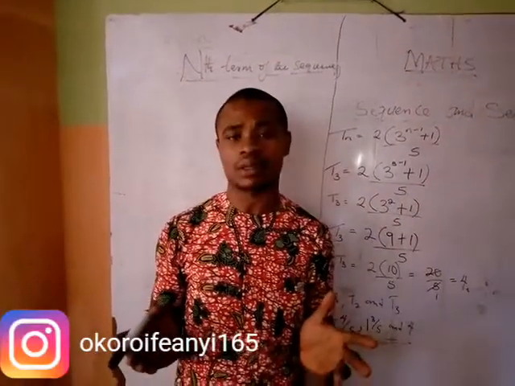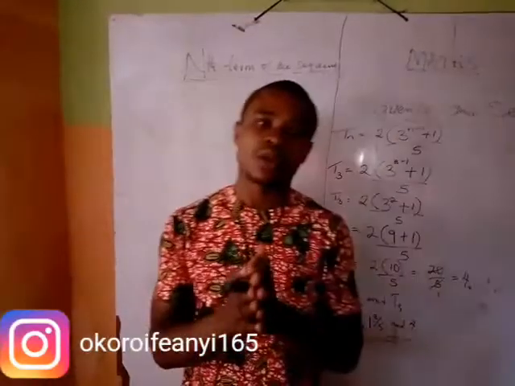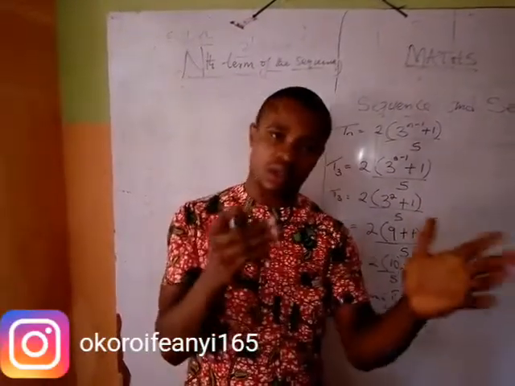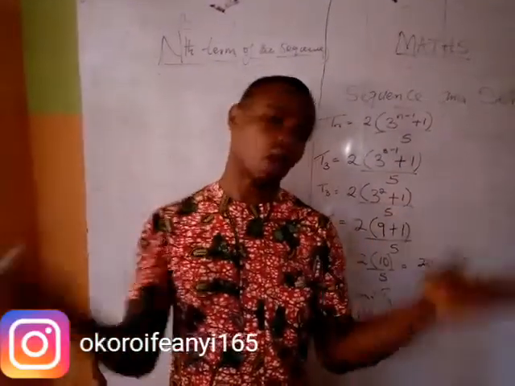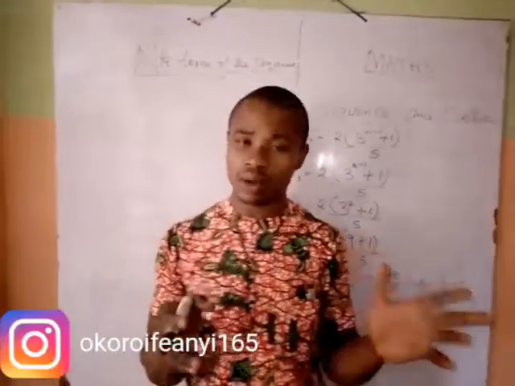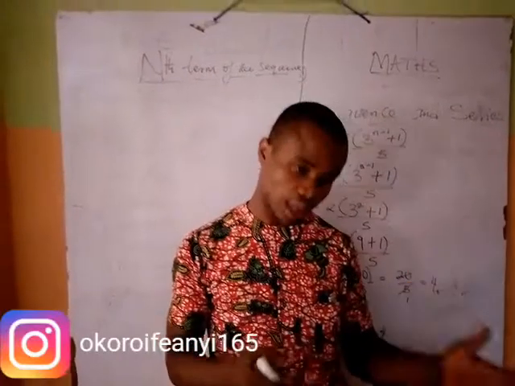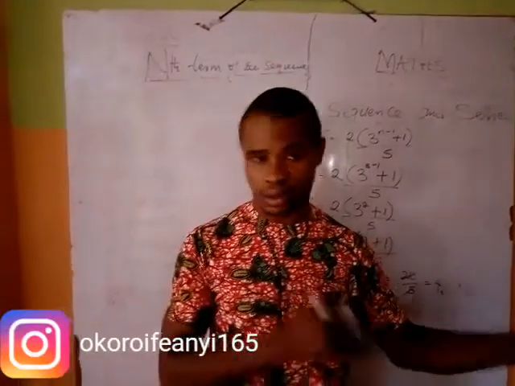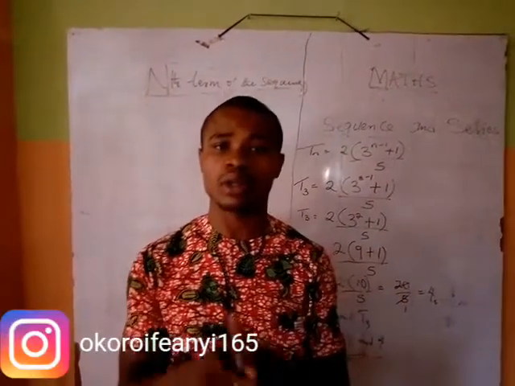What do I mean by separate differences? If the difference between the first and the second term is not the same with the difference between the fourth and the fifth term, we say that the differences are not common. But if the difference between the first term and the second term is the same with the difference between the fourth term and the fifth term, we say that the sequence has a common difference.